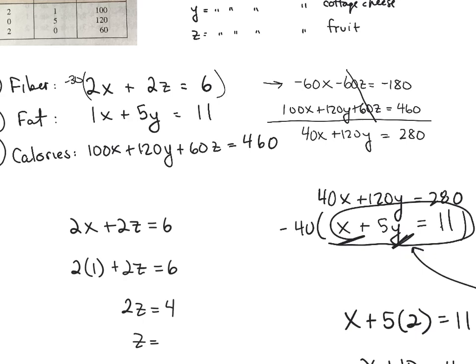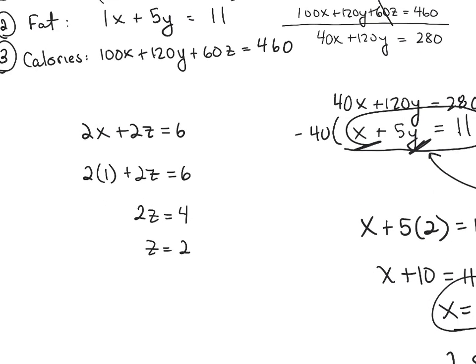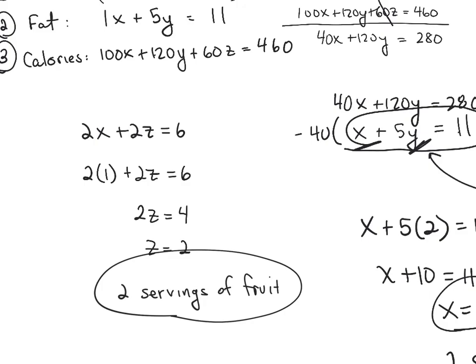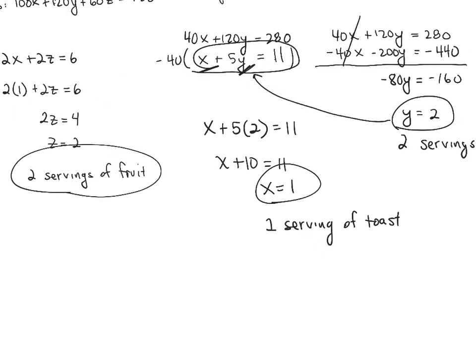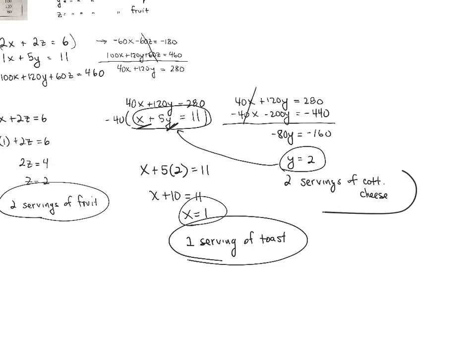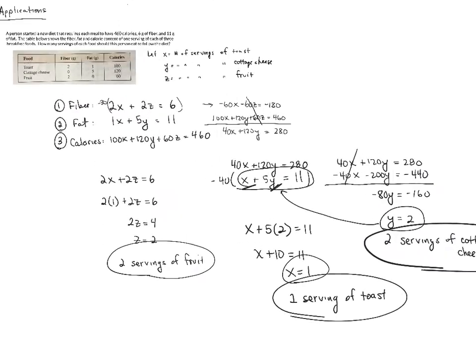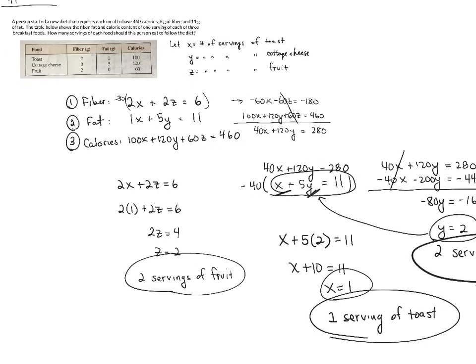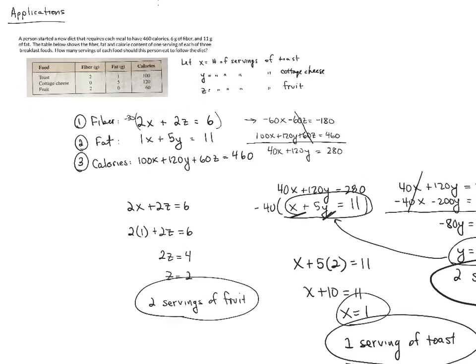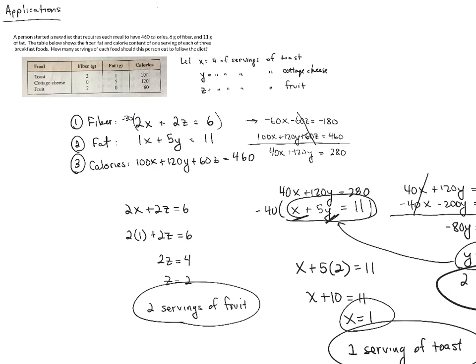So z is equal to 2, which means 2 servings of fruit. So we have the 2 servings of fruit, 1 serving of toast, and 2 servings of cottage cheese would allow this person to get the 460 calories that they need for that meal, the 6 grams of fiber, and the 11 grams of fat.